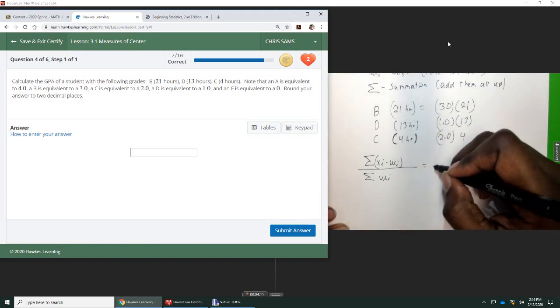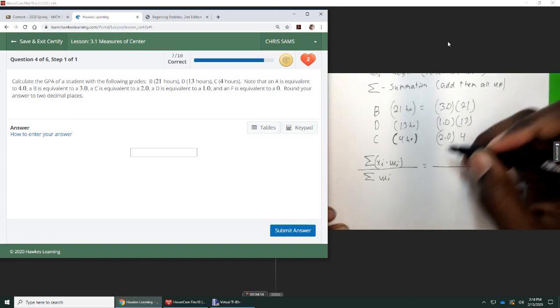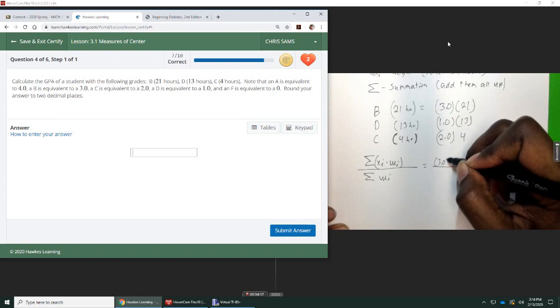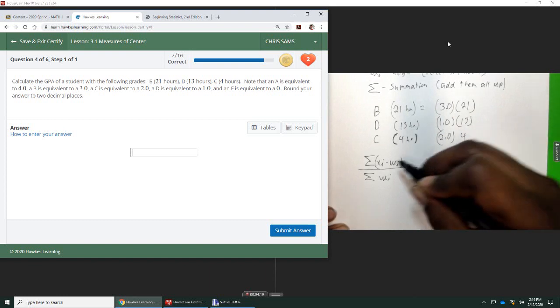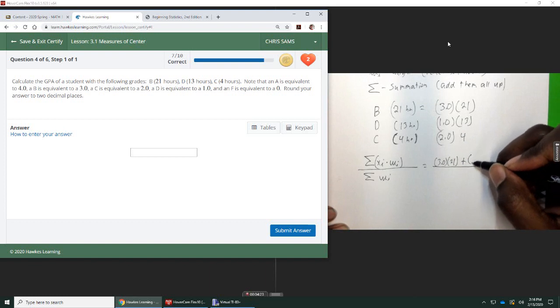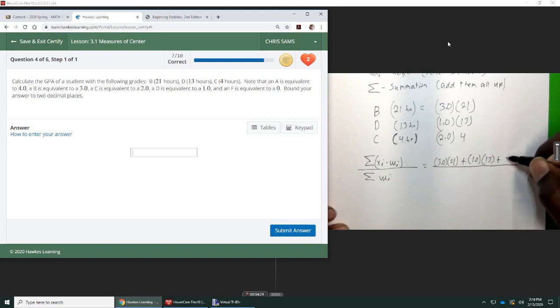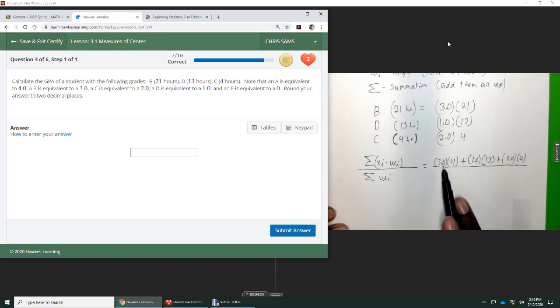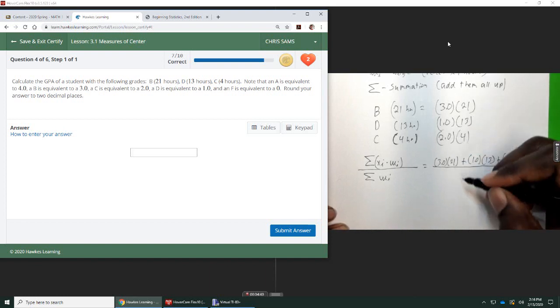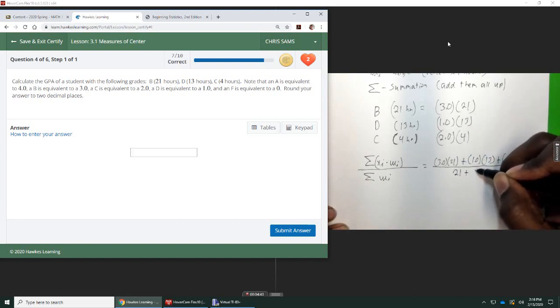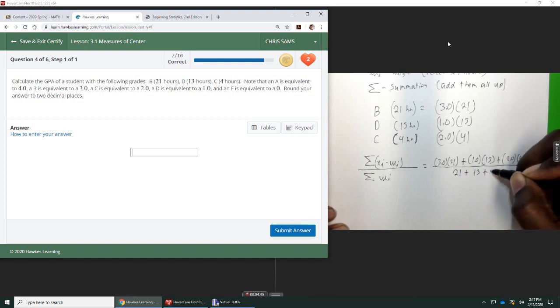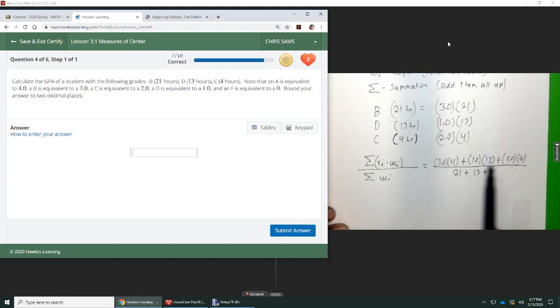Okay, so on the top we're going to be multiplying 3.0 times 21, and then add the next one, 1.0 times 13, plus the last one, which is 2.0 times 4. So each grade times the weight, and then on the bottom I'm going to add up all the weights, which are the hours. So I'm going to add up all the hours. 21 plus 13 plus 4. Okay, so in my calculator I'm going to insert the top part first, and then do the bottom part, get answers, and divide them.